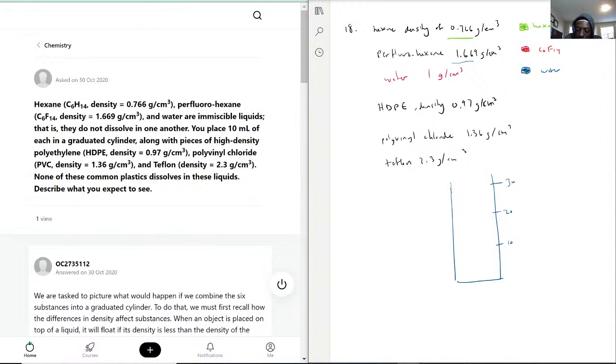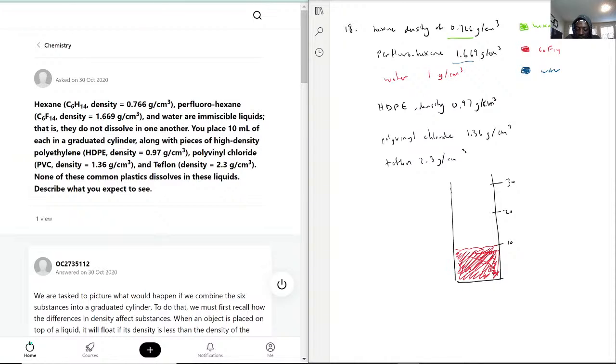The first one would be, let me just make this actually black so there's no confusion. The first one at the 10 mark, okay, would be that C6F14 of perfluorohexane.